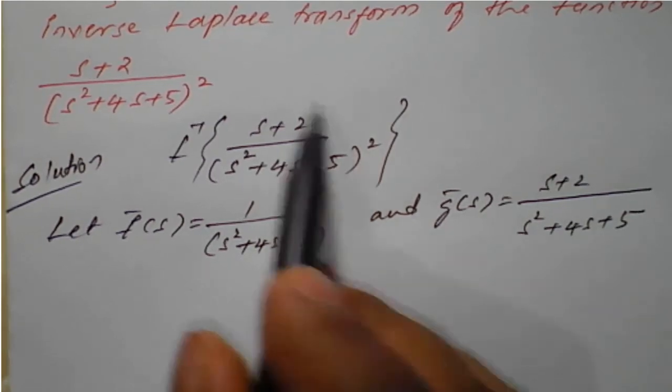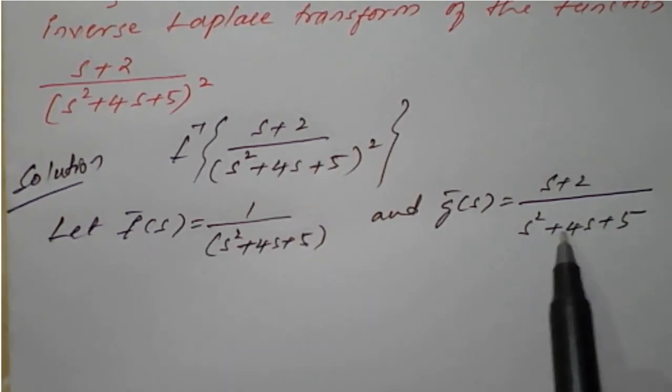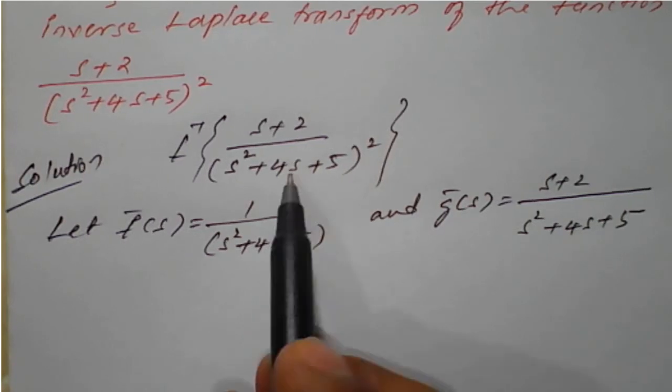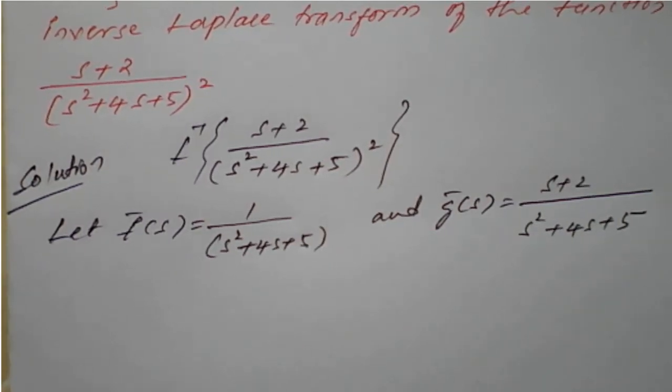If you multiply these both, we will get back the same equation, since one time divided by one time, it becomes a square.